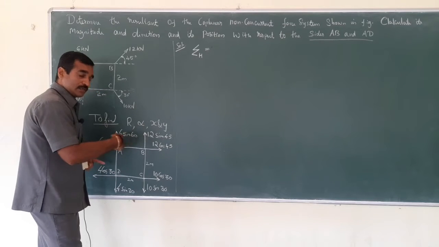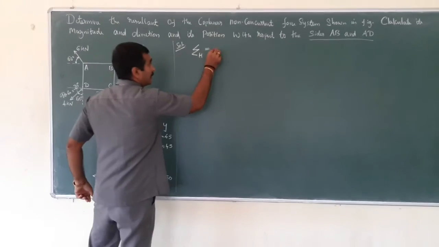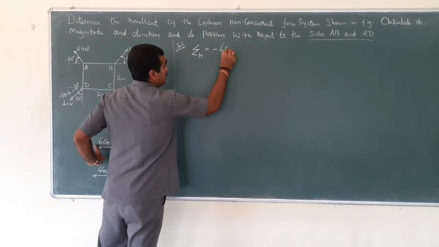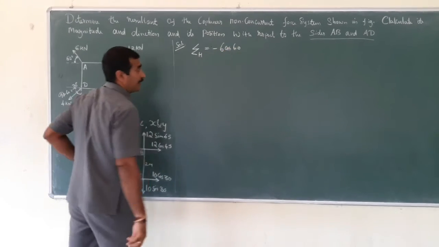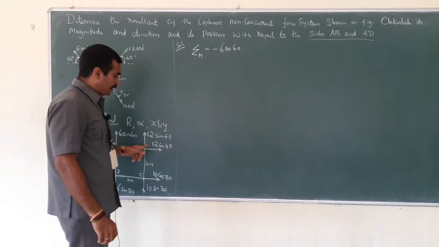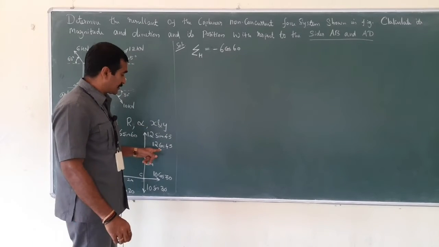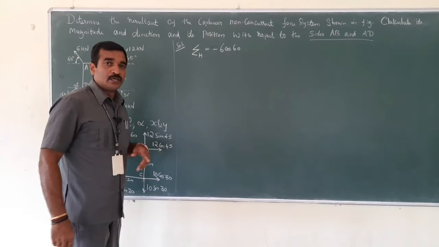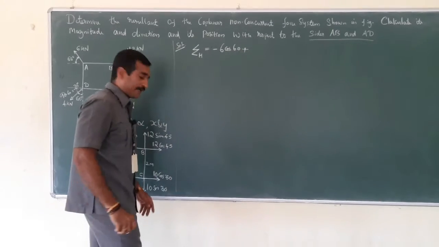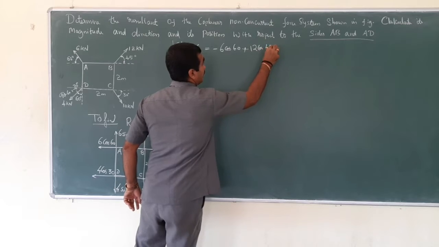It is traveling in the negative x direction. So it will carry minus sign, and the magnitude is 6 cos 60. Let me just move to point B, wherein a force is acting towards the positive x direction. This arrow is heading towards the positive x direction, so it will carry positive sign of magnitude 12 cos 45.